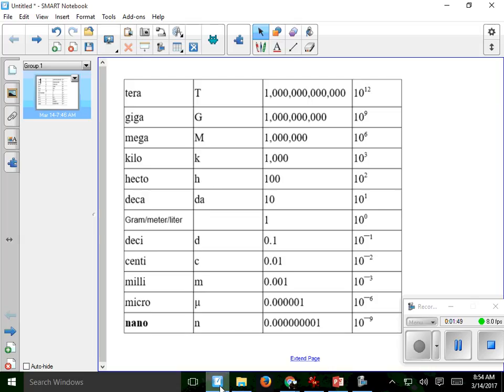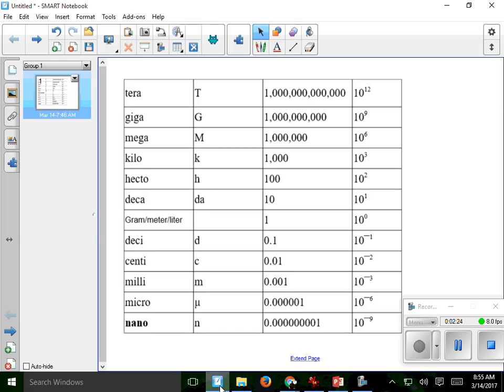But you can then take this, and each one of these is called a prefix. The tera, the giga, the mega, the kilo, the hecto, the deca, deci, centi, milli, micro, nano. Those are all the prefixes. You guys have all heard of a centimeter, a millimeter, a kilometer.